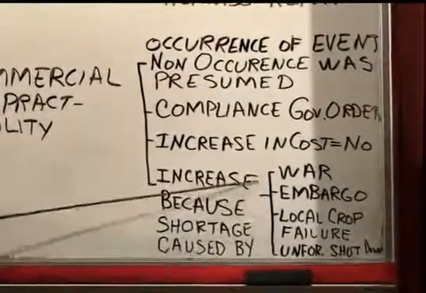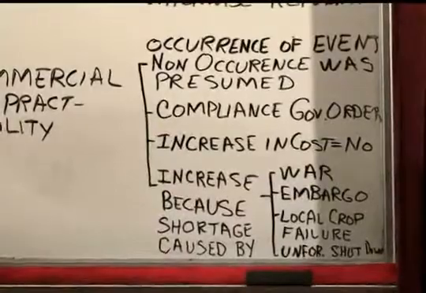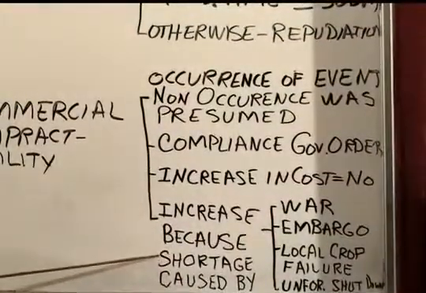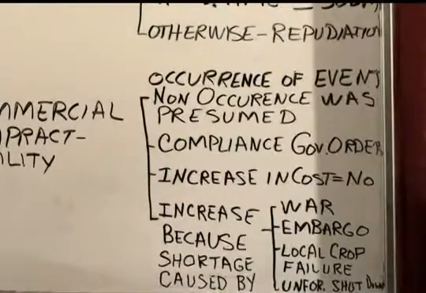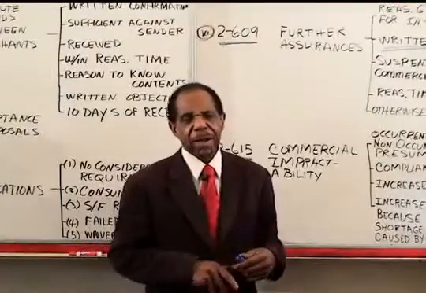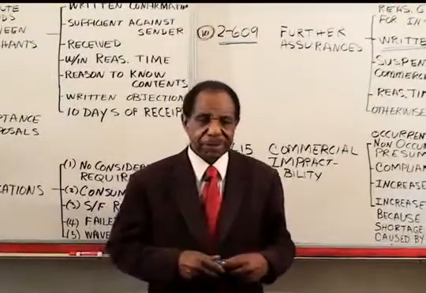This is not a closed list, but it's that sort of thing where you have an unexpected severe shortage because of that sort of thing, and then your duty to perform becomes discharged by commercial impracticability.